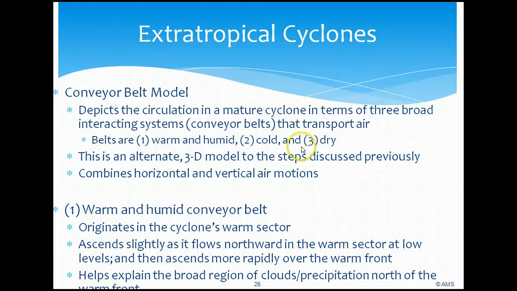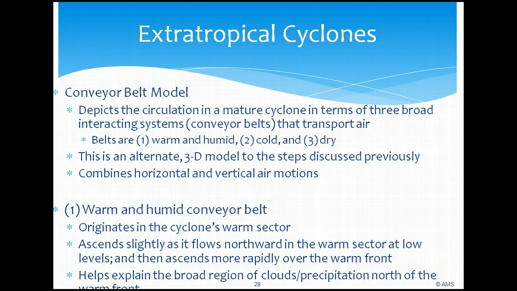With improved understanding of upper air circulation in the years since the Norwegian model was first developed, we have a new three-dimensional cyclone model combining horizontal and vertical air motions. This is known as the conveyor belt model, and this model depicts the circulation within a mature extratropical cyclone in terms of three broad interacting airstreams referred to as conveyor belts.